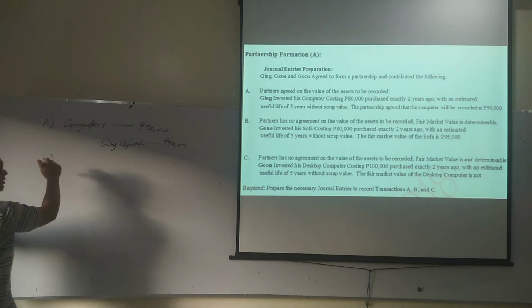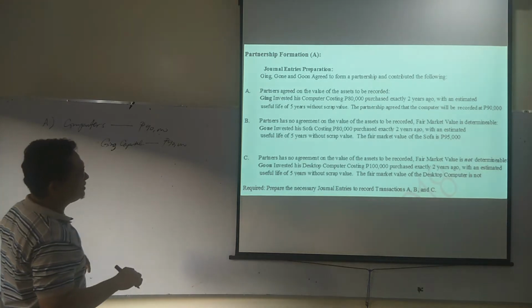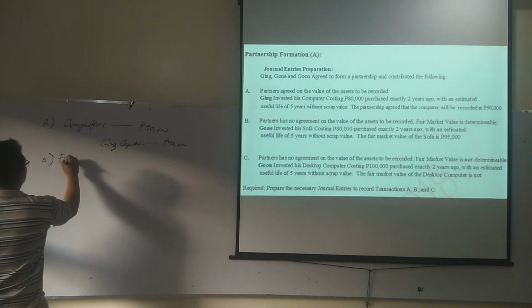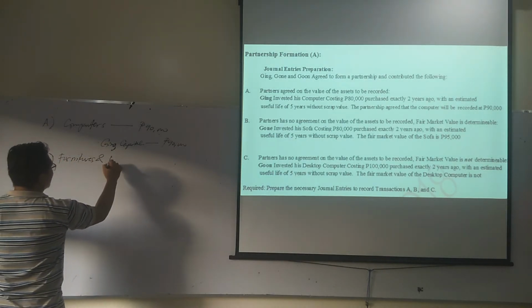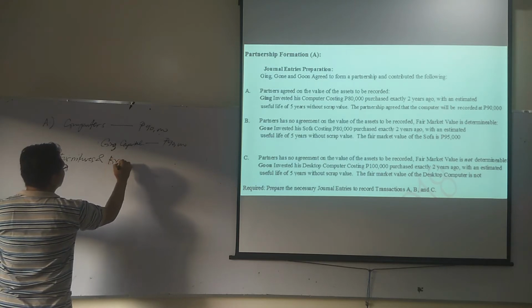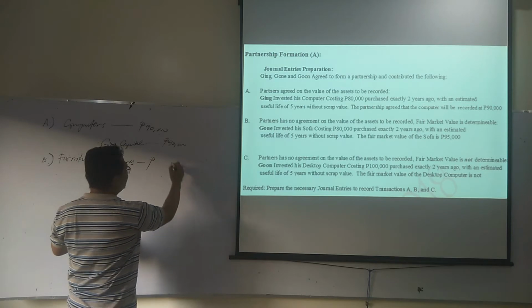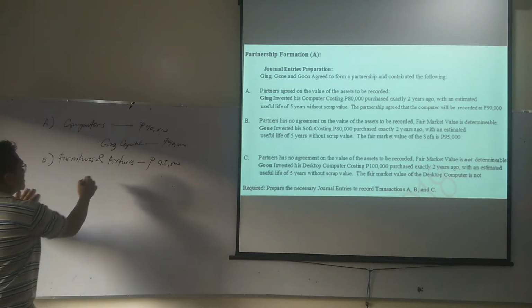So for letter B, what's the asset? Sofa. So we'll record furniture and fixtures. We will use the fair market value of 95,000.